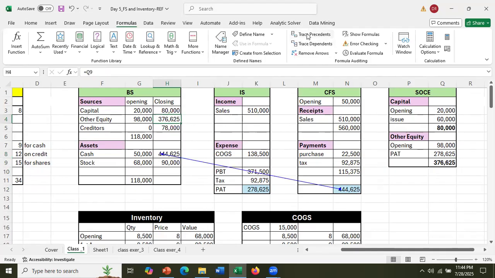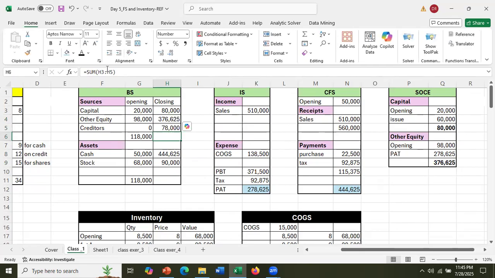Other equity comes from the statement of changes in equity and cash comes from the cash flow statement. The total of sources, if we are not wrong, should be the same. A is equal to E plus L. A is 534,000 and E is equal to capital plus other equity and L is creditors.